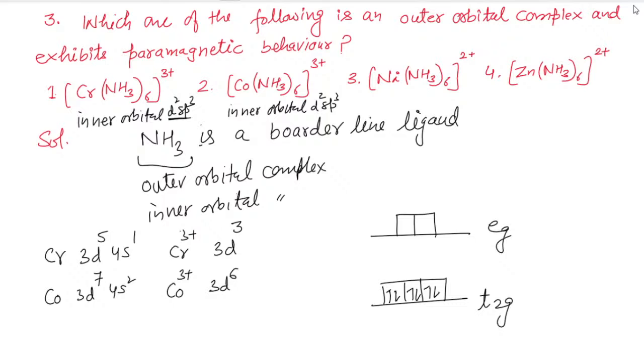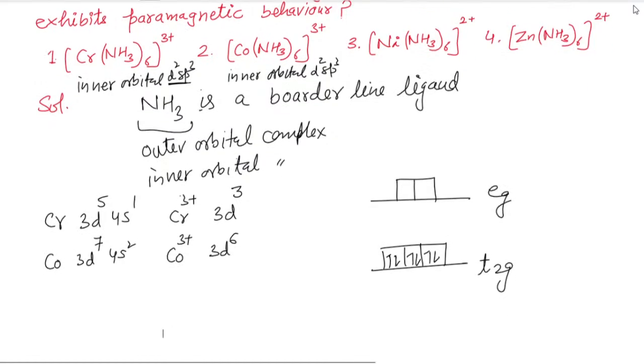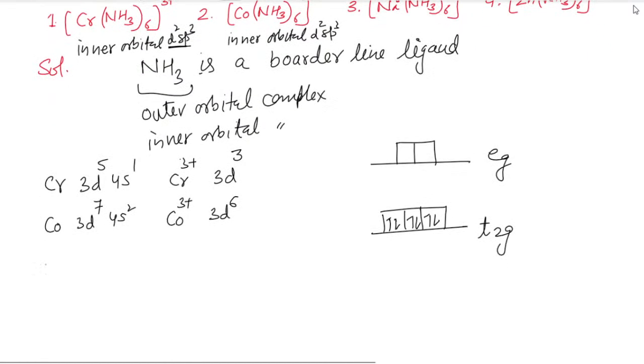Now come to nickel. In case of nickel, it is 3d8 4s2. So nickel 2 plus is 3d8.